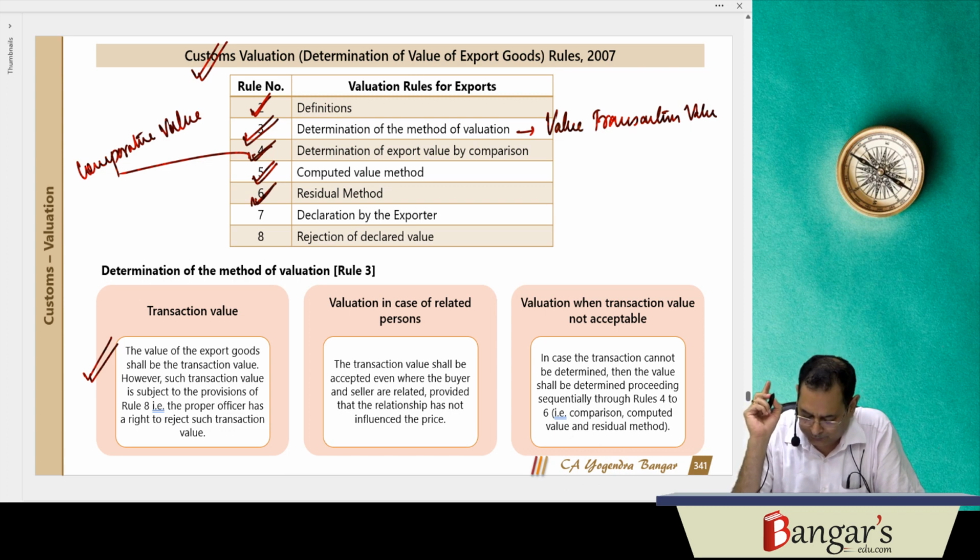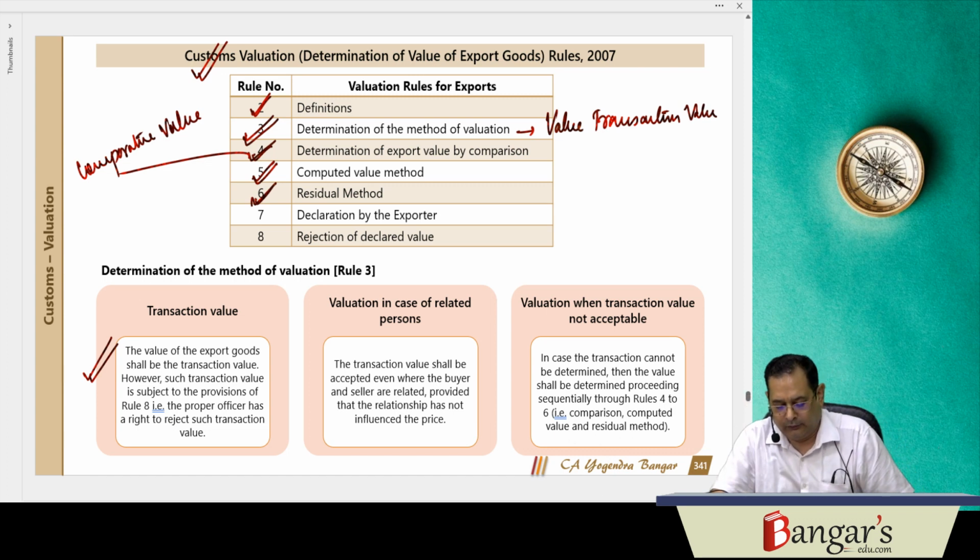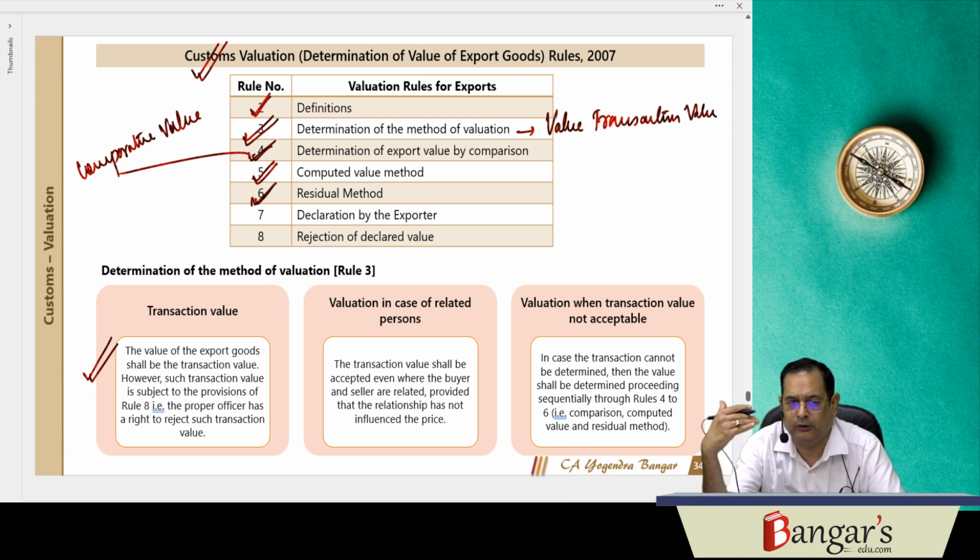That is, the proper officer has a right to reject such transaction value. So basically, the value of the export goods shall be the transaction value of goods of like kind and quality. Whatever price the goods are exported at, that is the FOB value of export, that is the transaction value.